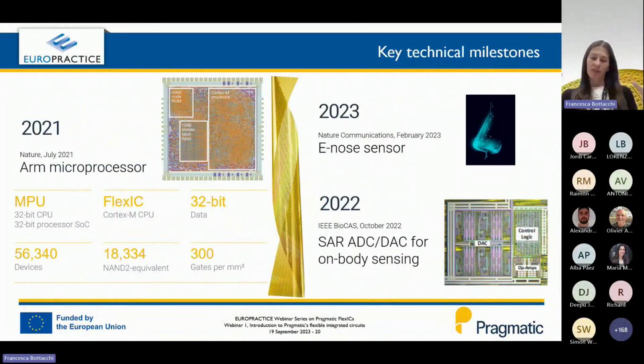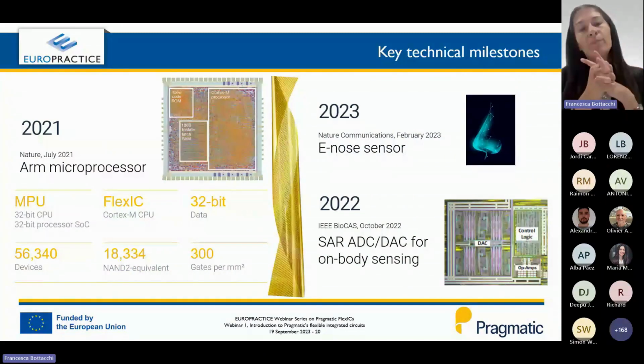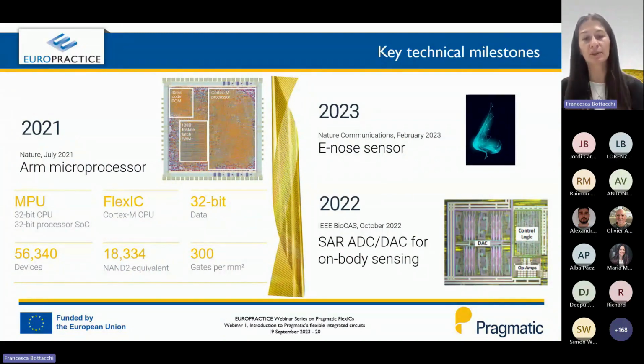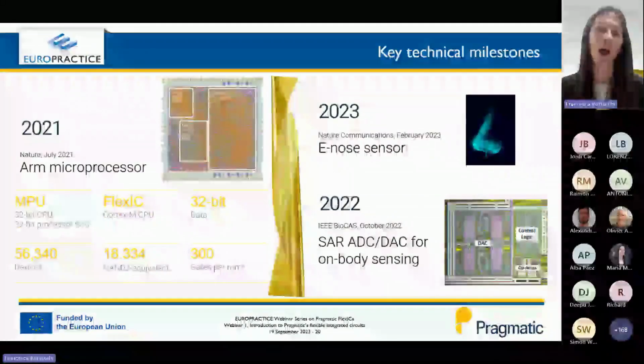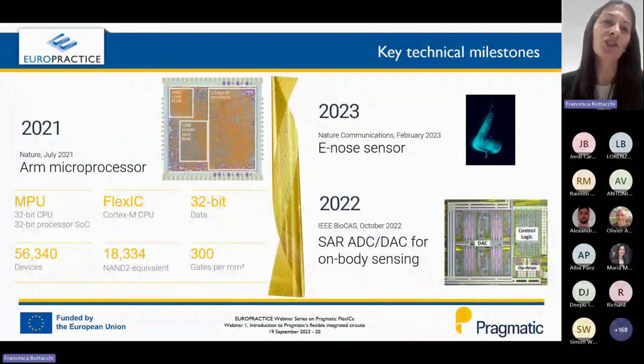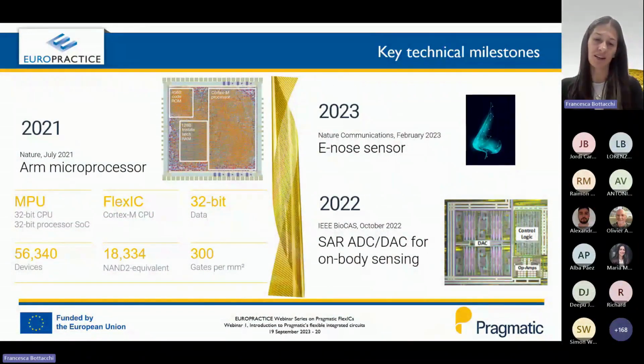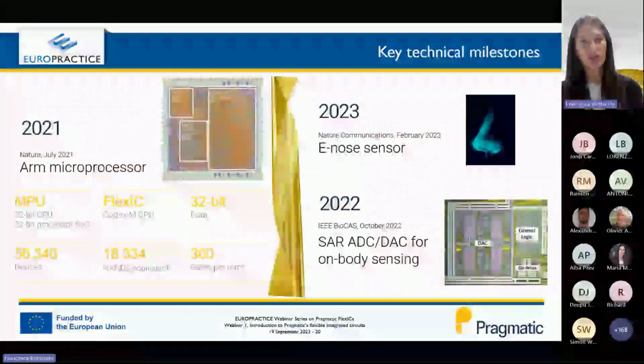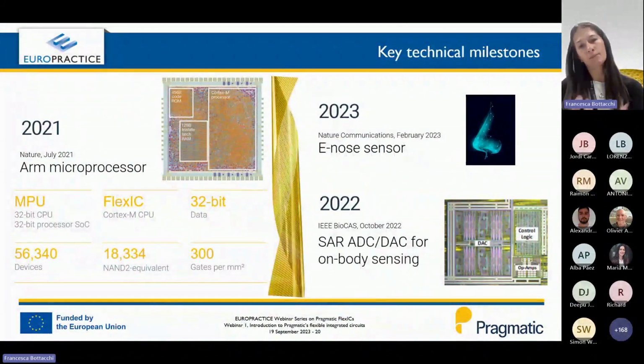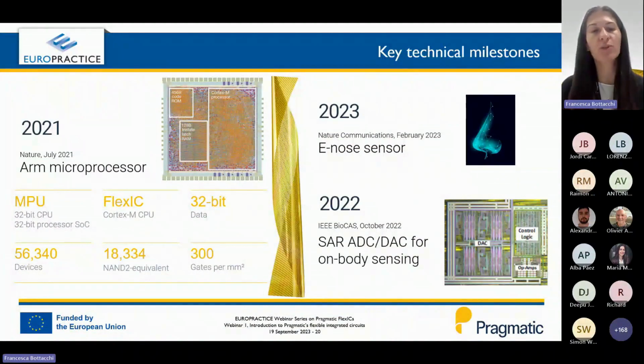So this is to conclude a little bit the section on the applications. This is to give some example of what we've achieved in terms of publication at Pragmatic. In 2021, this was probably the most famous publication. This is the plastic Arm that was published in Nature, and it was done in a collaboration with Arm, where basically Arm engineers designed the circuit, but Pragmatic did the manufacturing of the wafers.